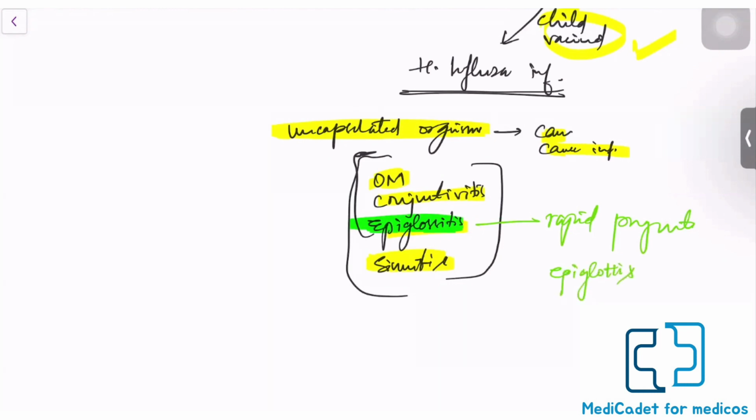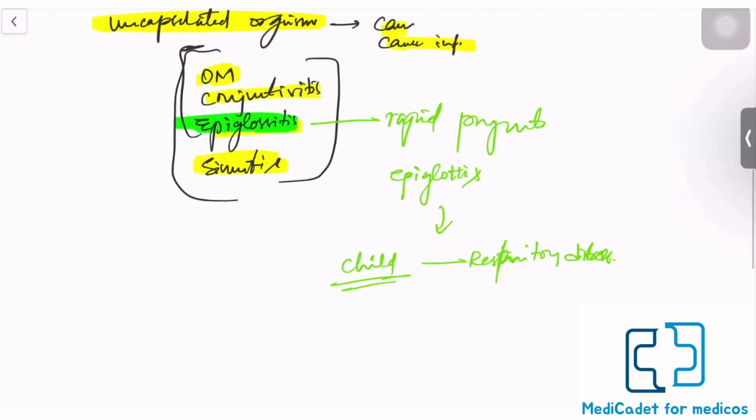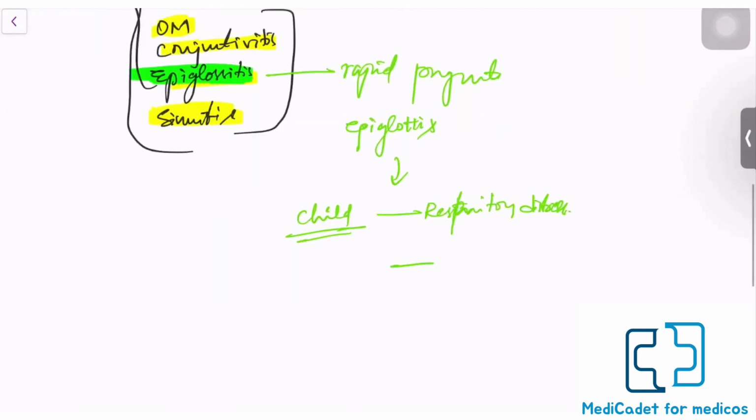A child with epiglottitis will have respiratory distress, and also stridor, which is basically a high-pitched breath sound. If there is any obstruction in the airway, the sound that passes through it will have this stridor kind of presentation.